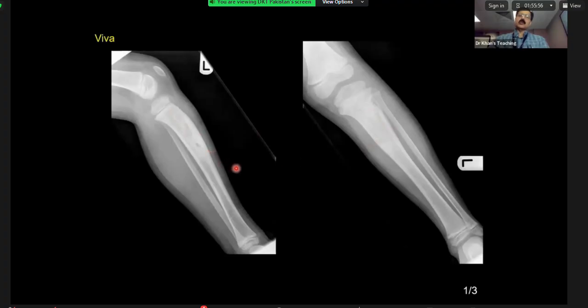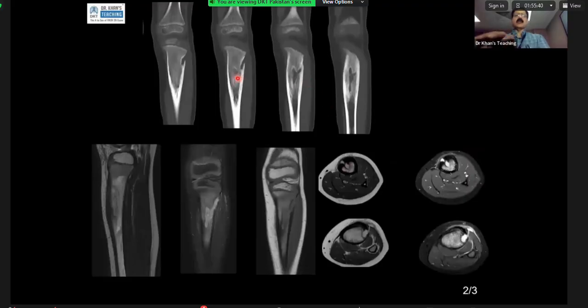Now it is chronic osteomyelitis. Now look what happens. Look, there is endosteal new bone formation here, and that is why, look at the medullary cavity, it is all encroached. Similar findings here, where you can see this tunneling.